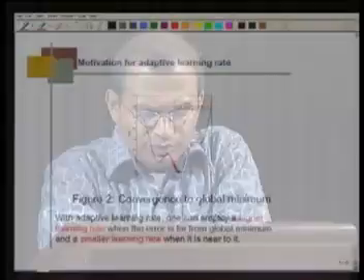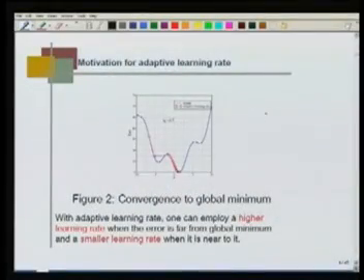Now, let us look at the motivation for adaptive learning rate. In general, if I am looking at a function f(x), which is y equal to f(x), let us say. So, this is my f(x) and this is x, and when f is nonlinear, then the usual curve can look like this. This is just a representative, this need not be exact.